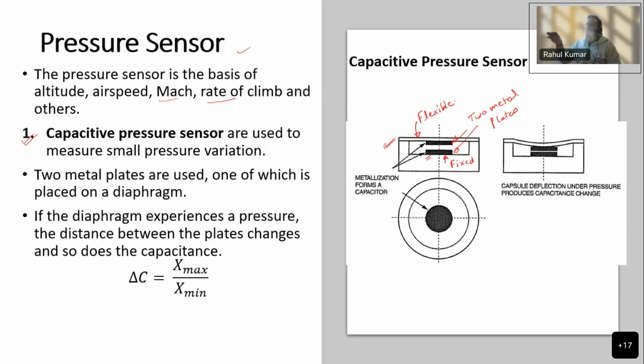That means you have some kind of diaphragm and you paste a metal plate on that diaphragm. So whenever some pressure is exerted on the diaphragm, the diaphragm will deflect, and as a result the distance between the two plates will change.